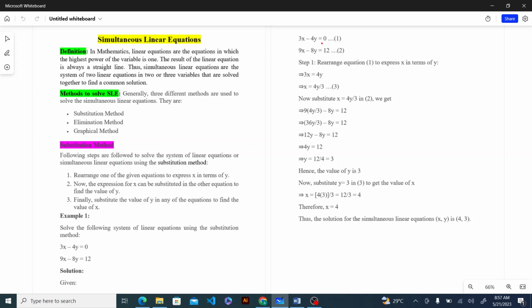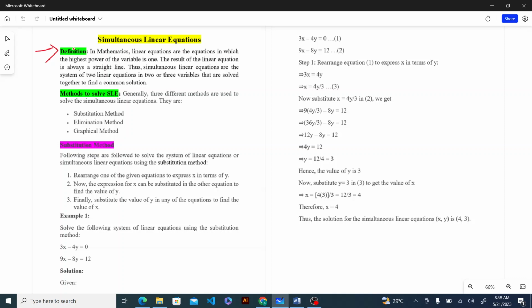So the definition says, in mathematics, linear equations are the equations in which the highest power of the variable is 1. As it is prominent from the name, linear shows 1. So the equations which have the highest power of variable 1 will be called linear equations.